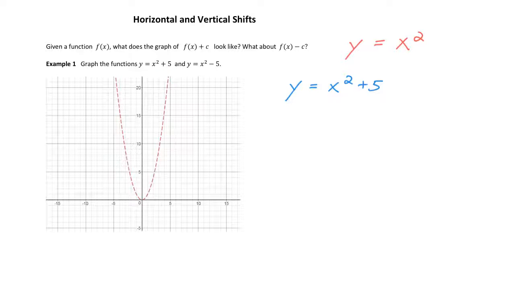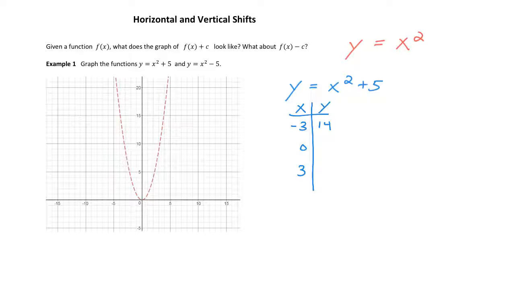So we can use a table of values if we want to figure out what this equation looks like. I'll just jot that below here. I'll just use a few, maybe 3 different values. Maybe I'll look at -3, 0, and 3. If I plug this into my function, -3 squared is 9, plus 5 is 14.